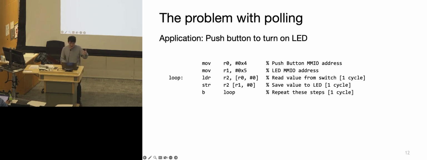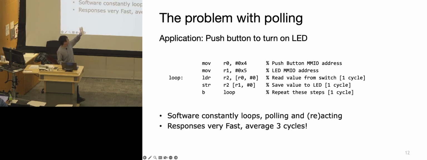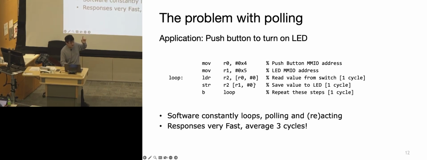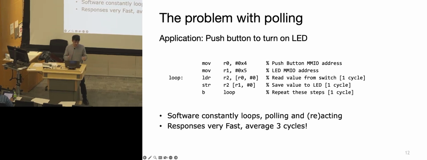Basically, it just does a bunch of moves and then a load. And that load is essentially where we are checking the value from, in this case, a switch, to see if there's an event happening.